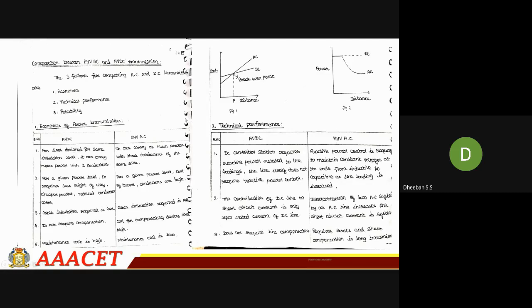Here, the comparison will be based upon three criteria: economics, technical performance, and reliability. First we will be dealing with the economics. Economics is nothing but the basics of your cost.